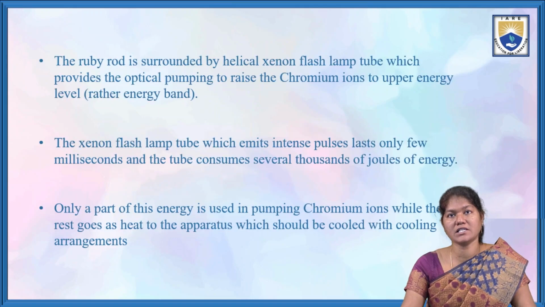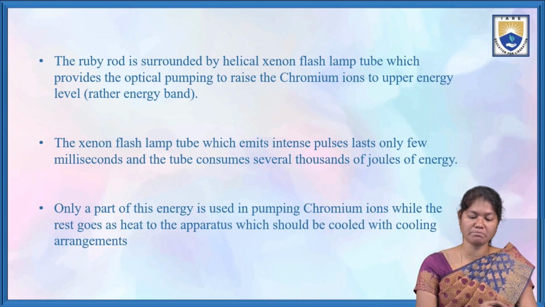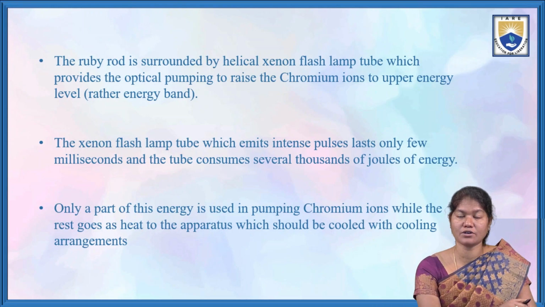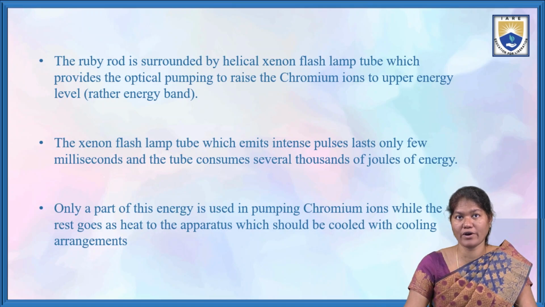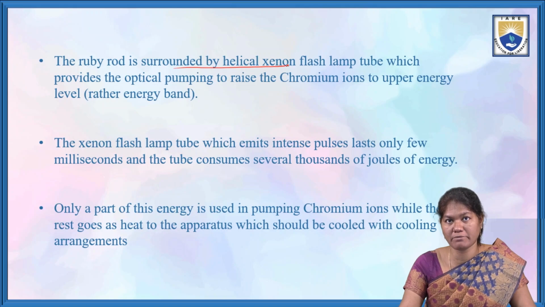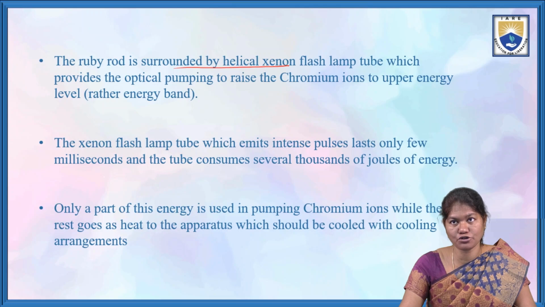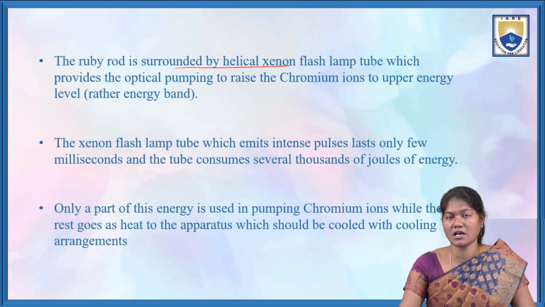The Ruby rod is surrounded by a helical xenon flash lamp tube, which provides the optical pumping to raise the chromium ions to the upper energy level. Usually the atoms will be in the ground state, the lower energy state. By this helical xenon flash lamp tube, we are giving some light.